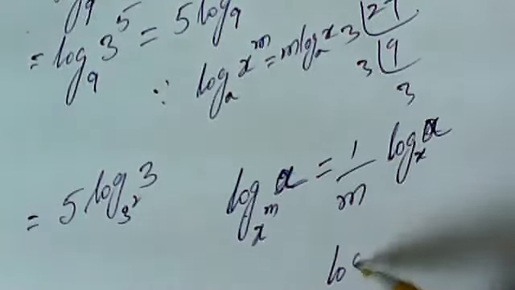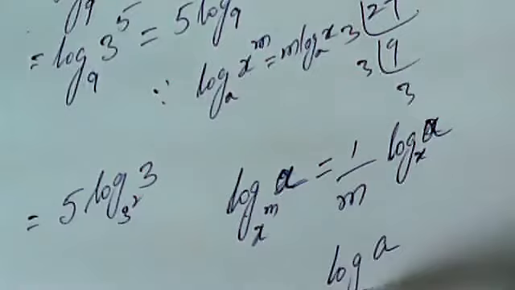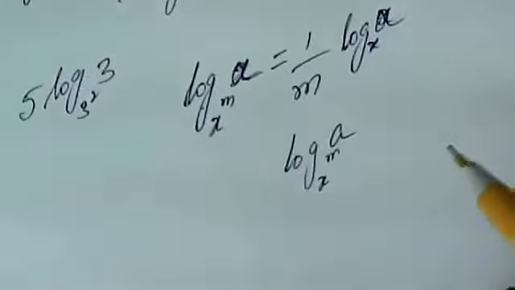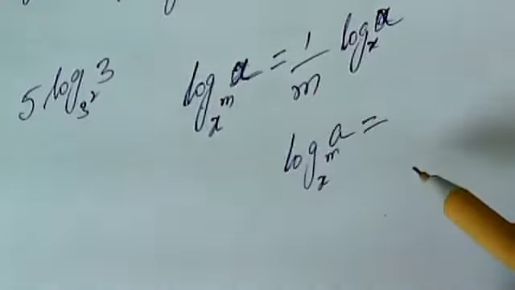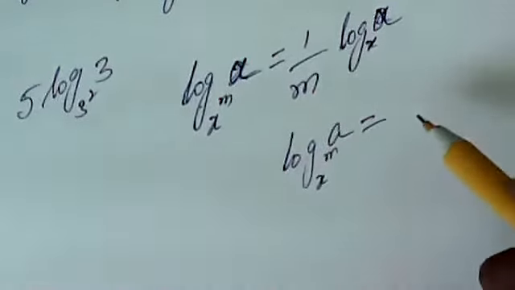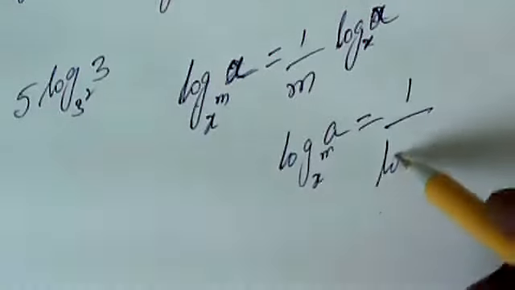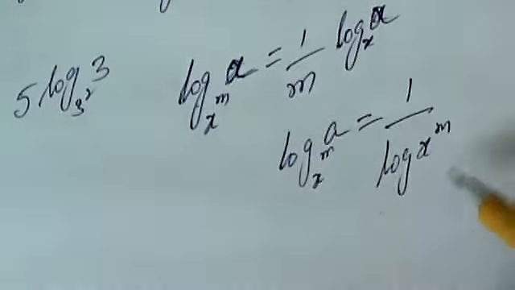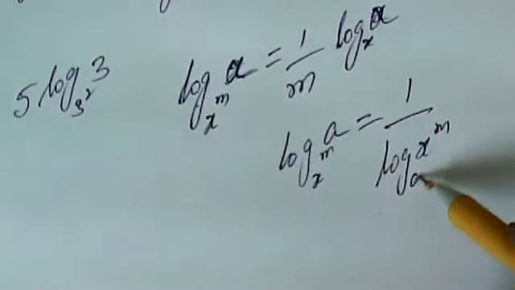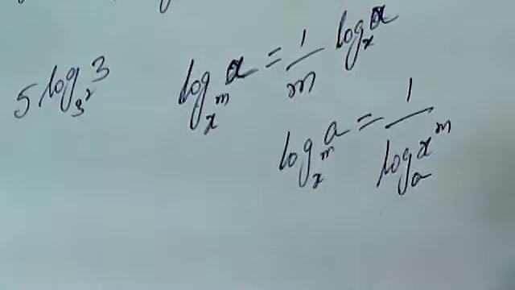Suppose here we have log a to base x power m. By the base change rule, you can write this as 1 upon log of x power m to base a, where the base and the number get interchanged.